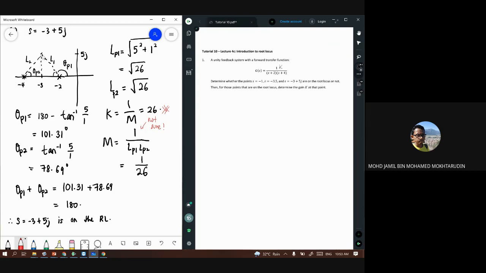So let's say we want to use this point minus 3 plus 5j, then to obtain the gain K, we find the angle, we find the length, we find the gain K equals 1 over M. So treat this tutorial as an exercise for you to determine the angle and the length, because later it will be useful for you in designing a controller.